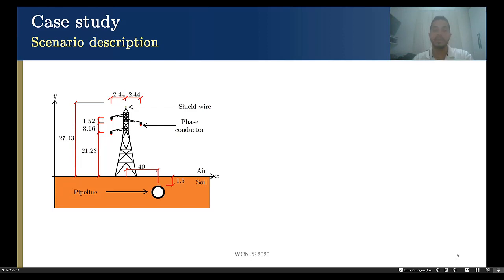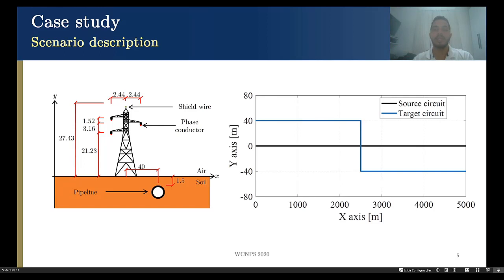An underground carbon steel pipeline buried at 1.5 meters deep and with 16 inches diameter shared the right-of-way with the transmission lines. These figures represent the XY plane, which shows a perpendicular crossing between source and target circuit.